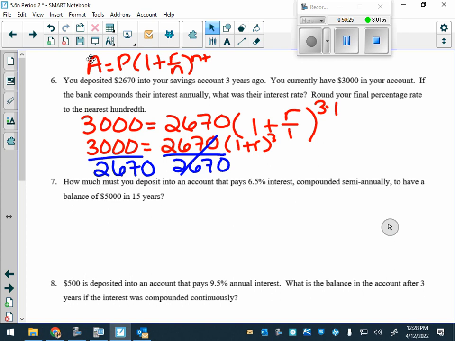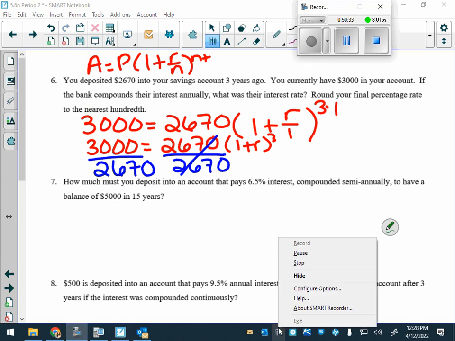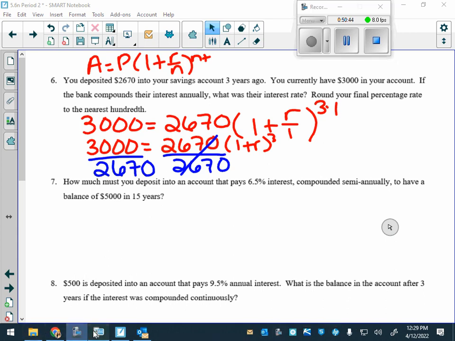What we got? Abigail, then what do we do? Okay. And once we find that in our calculator, we take the cube root. If you can't find the cube root, what do you raise it to? Yeah, Laura. 1/3. All right.